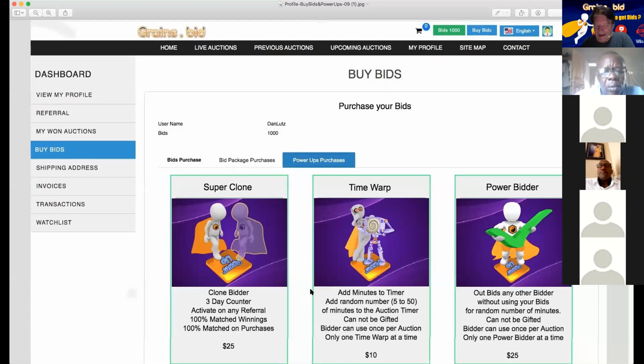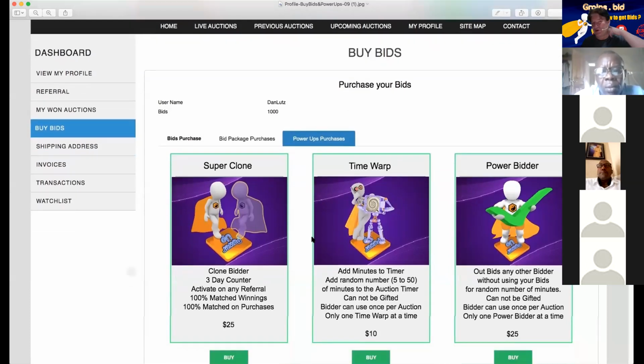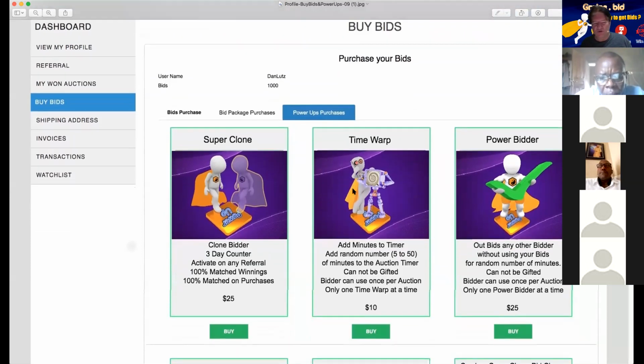So these are the upgrades that are being worked on right now. This will not be implemented yet, but this is what you would be able to apply and use during the auctions or with your referrals. The first one, very important, would be super clone. You would be able to take any of your direct referrals and make them a cloned bidder.